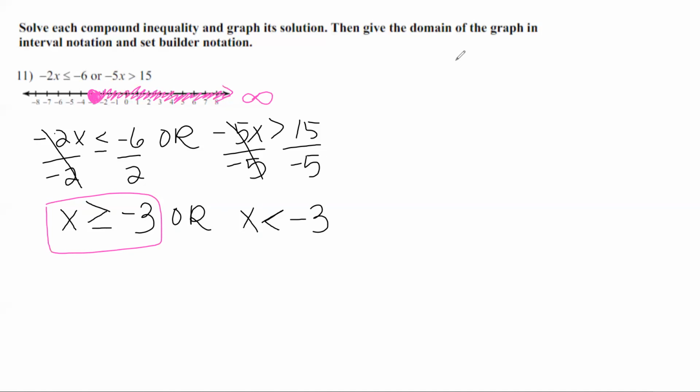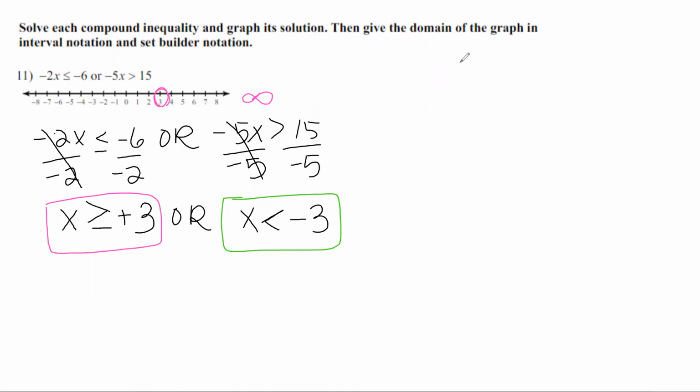The next one we have is x is less than negative 3. So negative 3, x is less than, oops, this should have been positive 3. What a knucklehead. This should have been positive 3 because a negative divided by a negative is a positive 3. Oops.